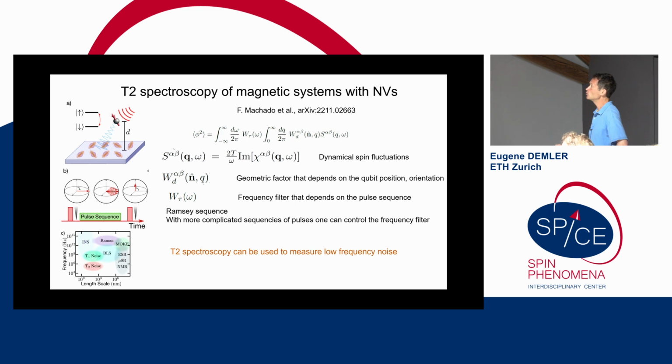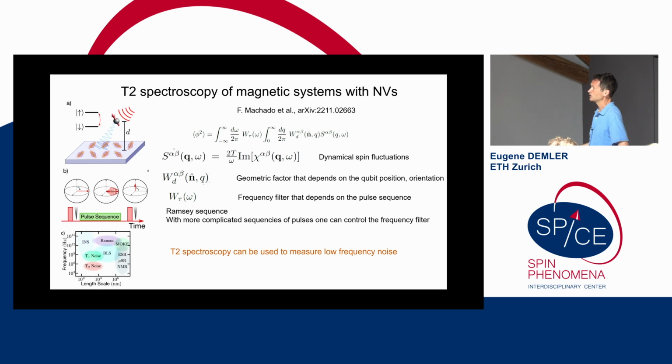As we said, it's magnetic noise in the direction which is now along the natural axis of the NV center. The way T2 spectroscopy is done, again for younger people in the audience, we bring the spin of the NV center into the equatorial plane. It precesses, but its precession can be modified if we have some random component of magnetic field.